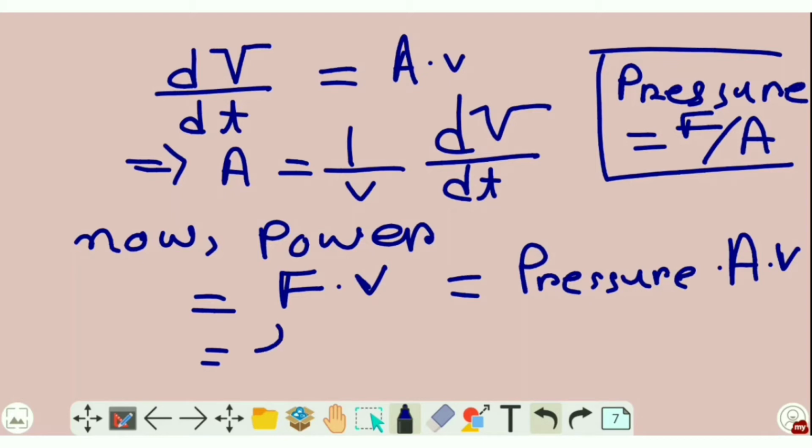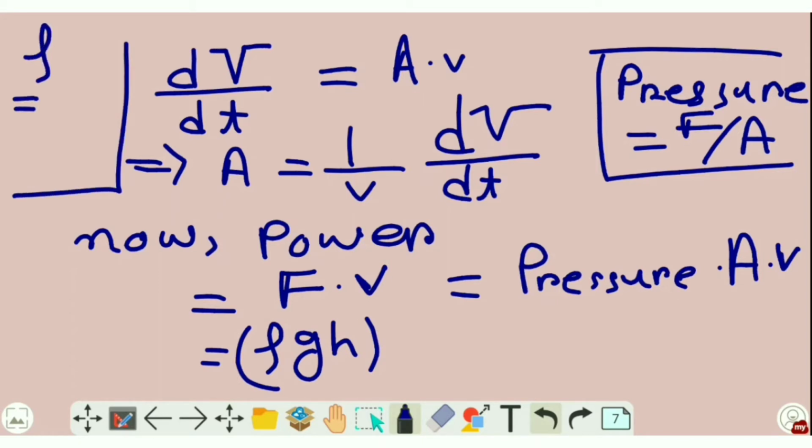Now pressure equals rho gh, where rho is the density of blood.